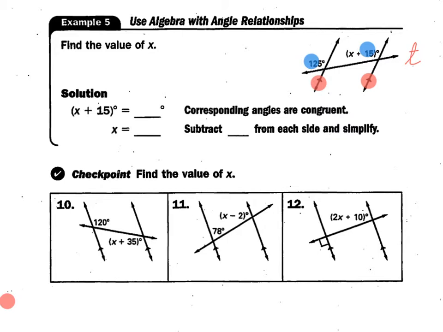So that's how I draw the conclusion that x plus 15, that angle, has to be 125 degrees because they're corresponding angles. If I subtract 15 from both sides, I should have 110 degrees. That's because I subtracted 15 from both sides to simplify it.